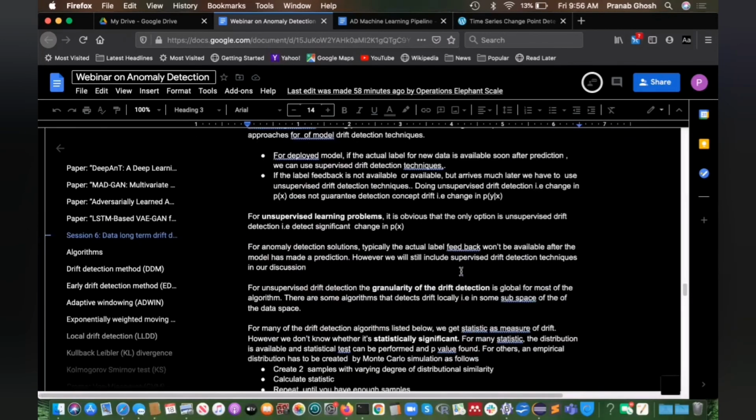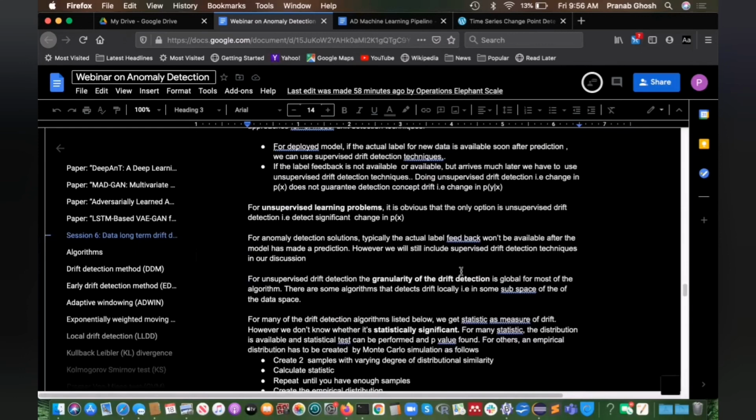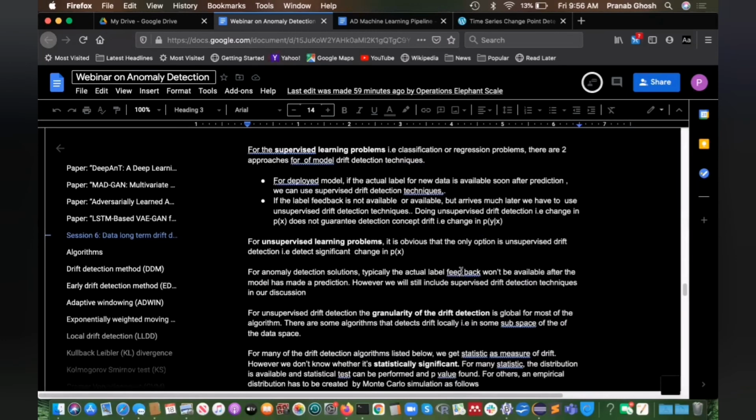Also, this whole topic, concept drift detection and retraining and rebuilding the model, comes under the broader area of what's called MLOps. It's the operational aspect of machine learning, like deploying a model and taking care of all the relevant issues.